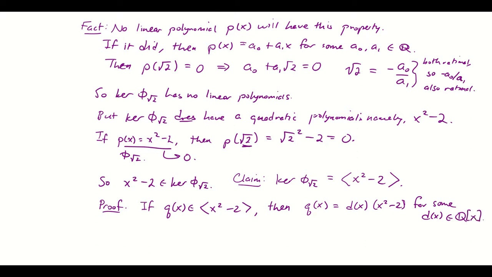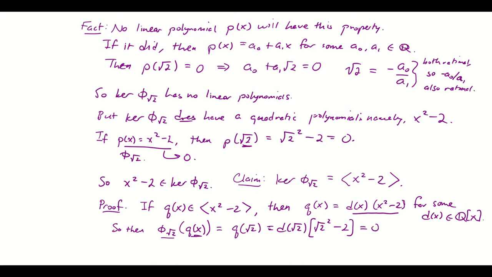All right, so that means phi at square root of 2 of that q of x, because I'm trying to verify q of x is in the kernel of this map. If I take the evaluation homomorphism at root 2 and apply that to q of x, then I get q of square root of 2, which is the same thing as d of root 2 times root 2 squared minus 2, because I'm just taking this polynomial here and evaluating that at root 2.